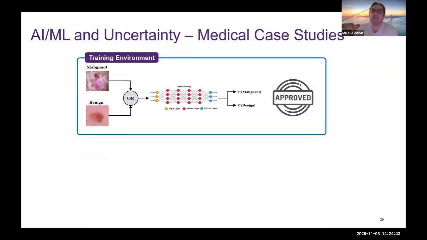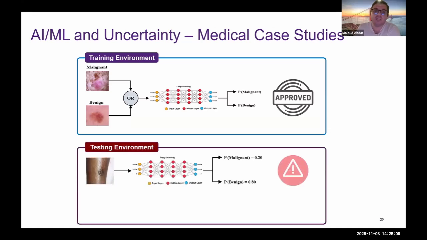Here I will give you one example. Let's say we have a very simple binary classification of images for skin cancer, for example malignant and benign. In the training environment, because the model has seen those samples previously, it can do predictions very well.